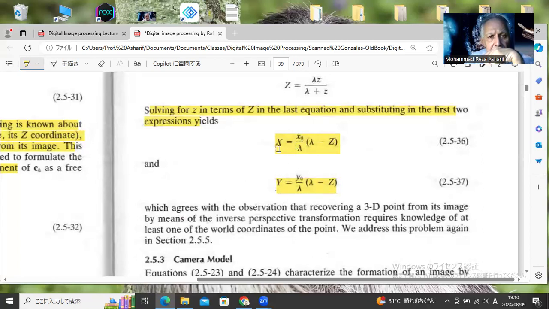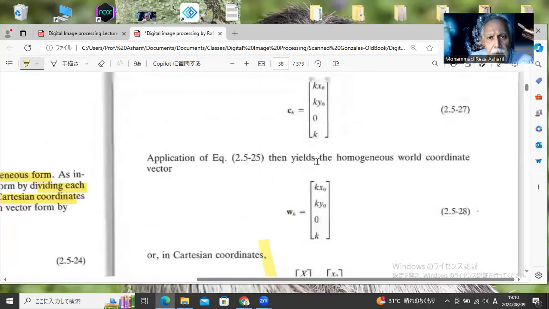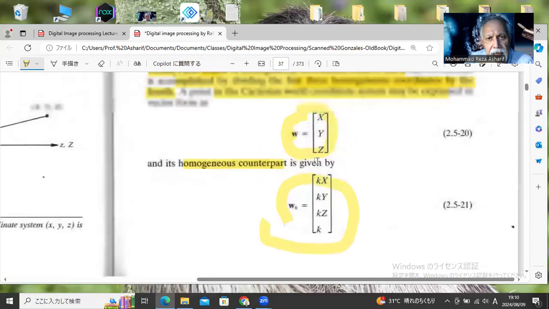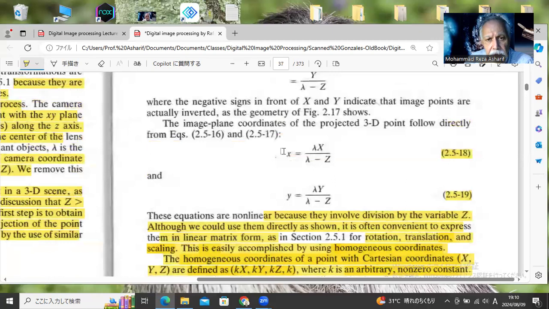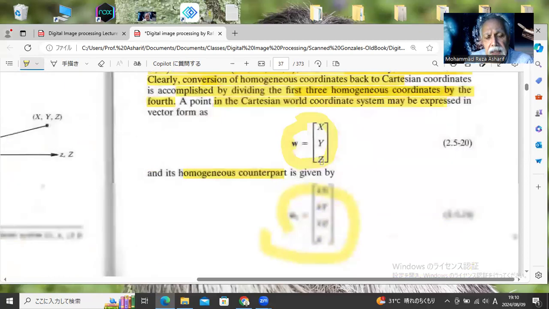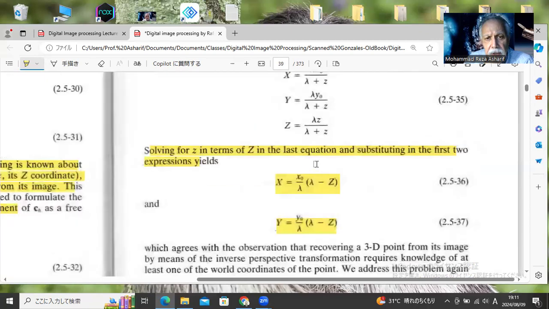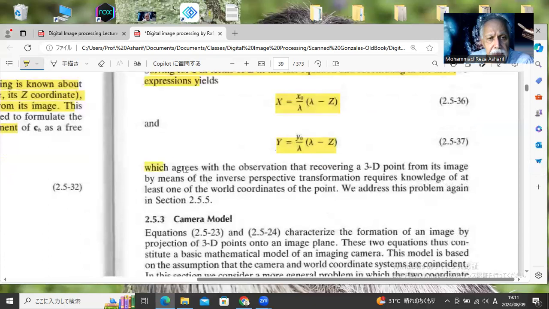We calculate large X and large Y, the board coordinate, from the image coordinate. If you obtain x and y from the image coordinate, it will be exactly this one, which actually is the observation of the 3D.